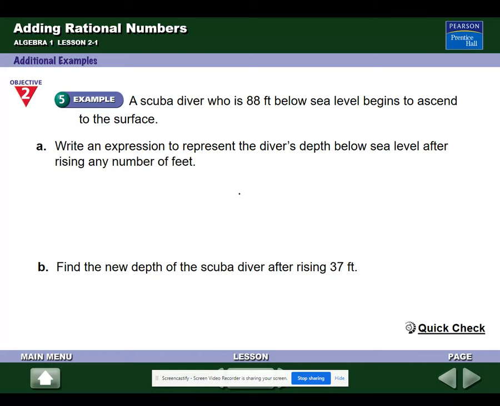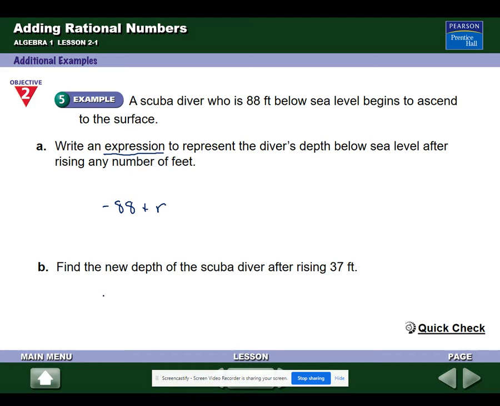So with that in mind, this expression, remember we know what an expression is, is going to be negative 88 plus the variable, whichever variable you would like to use. R for rise might be what they use here. X, if you don't like any other letter, would be totally fine. Okay, and then in part B it says find the new depth of the scuba diver after rising 37 feet.